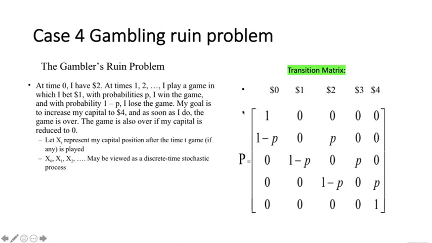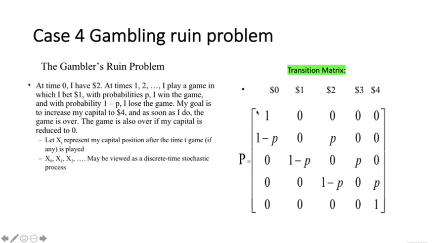So for example, from 0 to 0, of course, I didn't play anything, so the probability becomes 1. And from 0 to 1, why 0? From $0 to 1, 2, 3, 4 becomes 0, because if you don't have money, you cannot play the game.